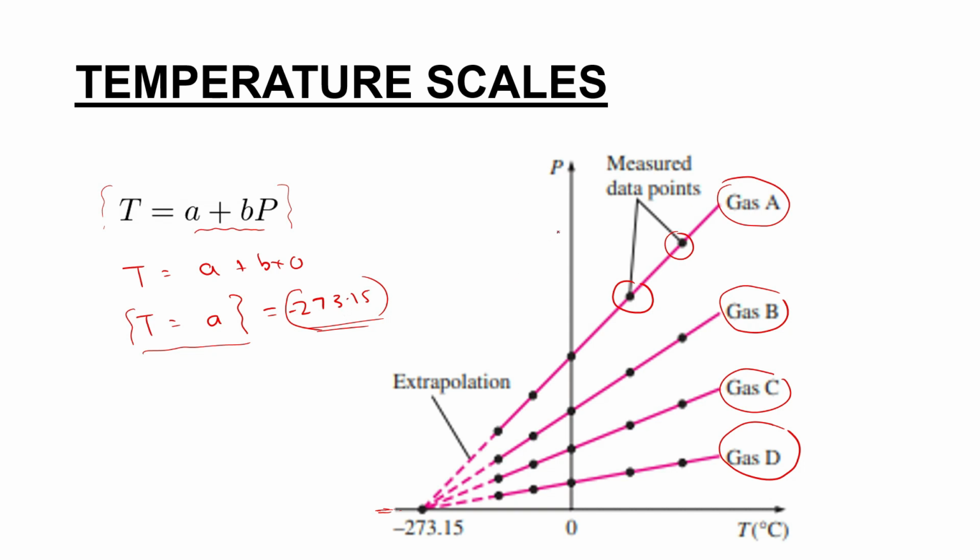So if you extrapolate all these lines, they will meet at the minus 273.15 point. So for the Celsius scale, you can fix this as 0 and this as maybe 100 degrees Celsius, and if you extrapolate it, it will meet at minus 273.15.